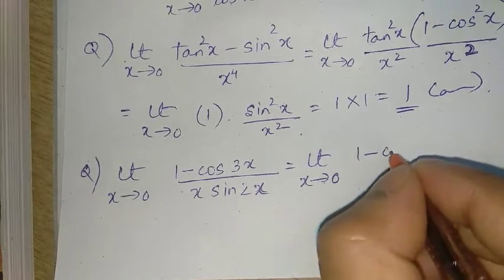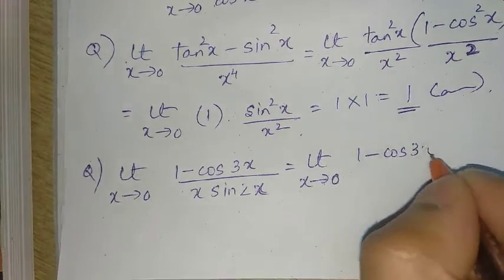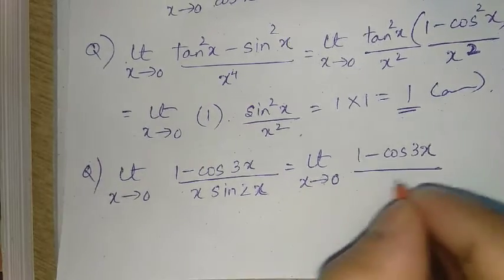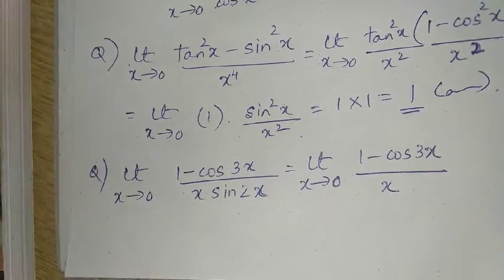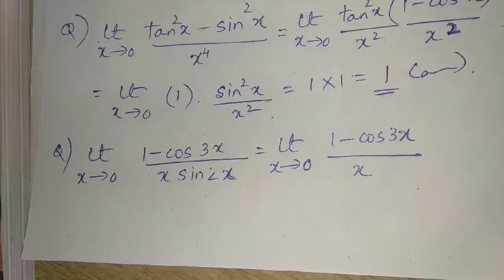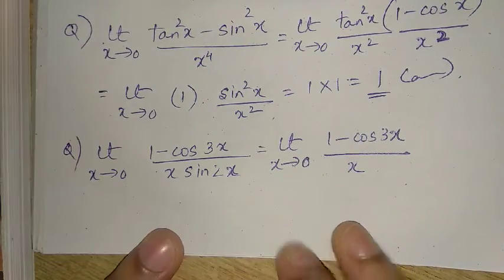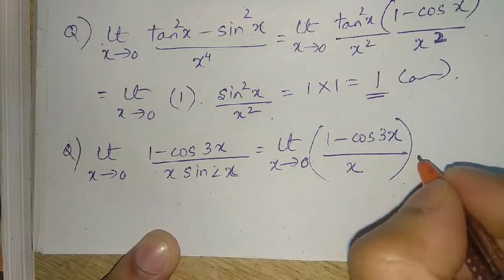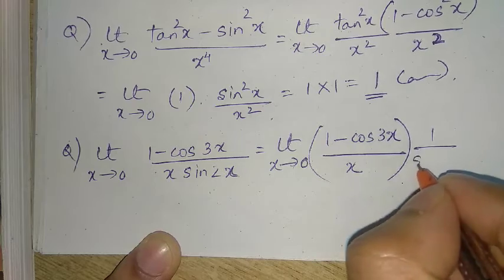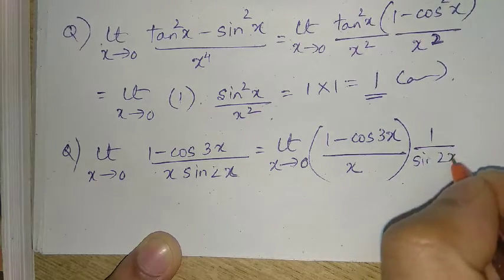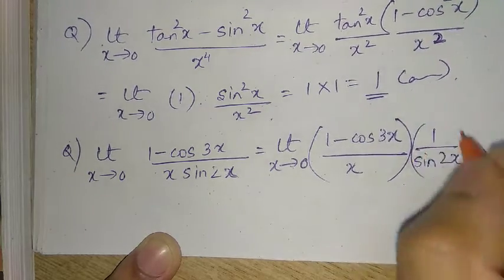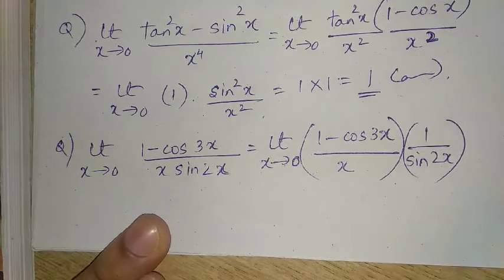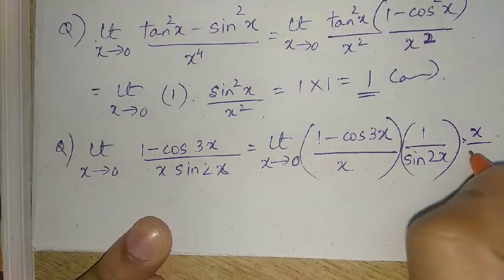So we will write 1 minus cos 3x divided by x, into 1 by sin 2x. This will be multiplied by x and divided by x.